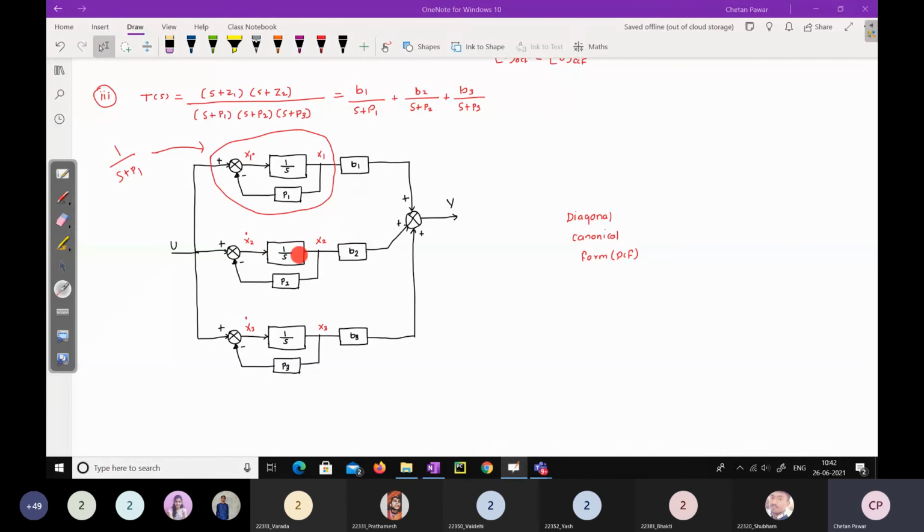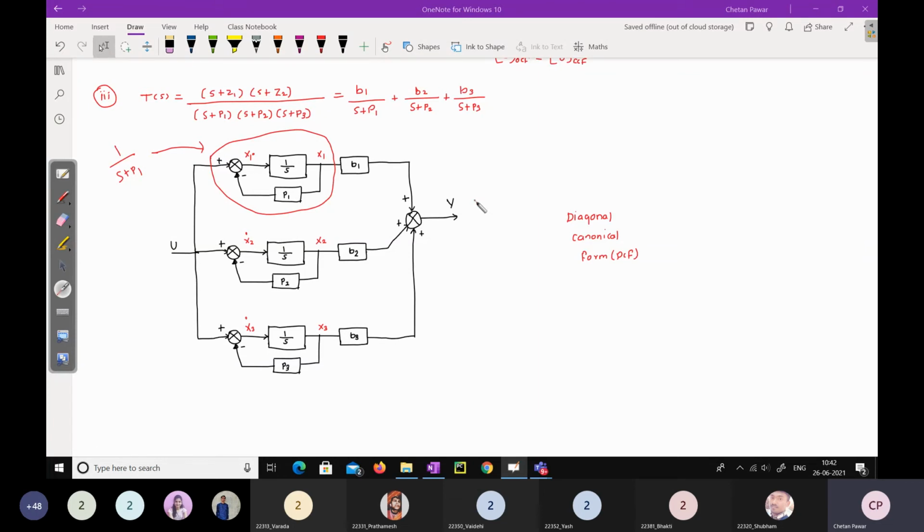You know how to do this, it is a simple closed loop system. And this will be 1 upon S plus P3. Now for their numerators B1, B2, B3, you can take simple gain blocks, a B1 gain block, a B2 gain block and a B3 gain block, and apply the input to all the systems. Now add their outputs using a summing junction. So this will be the output. This is a simple form of representation in the diagonal canonical form.